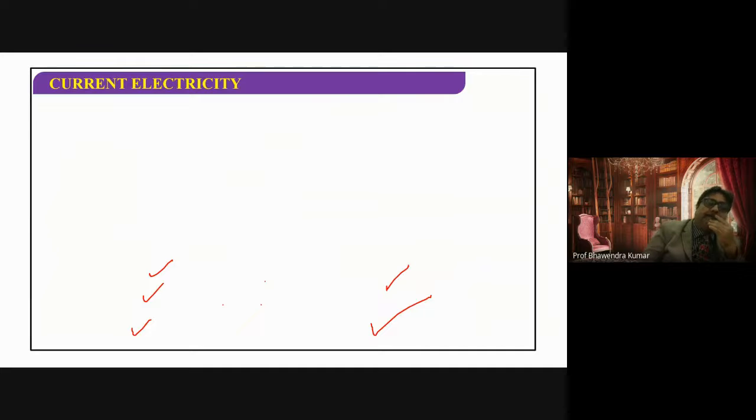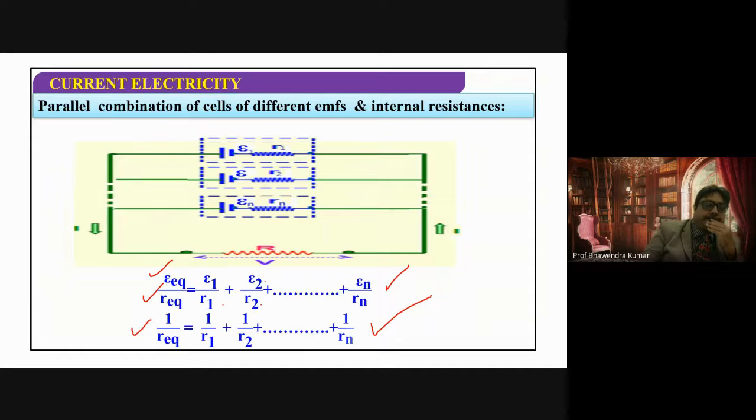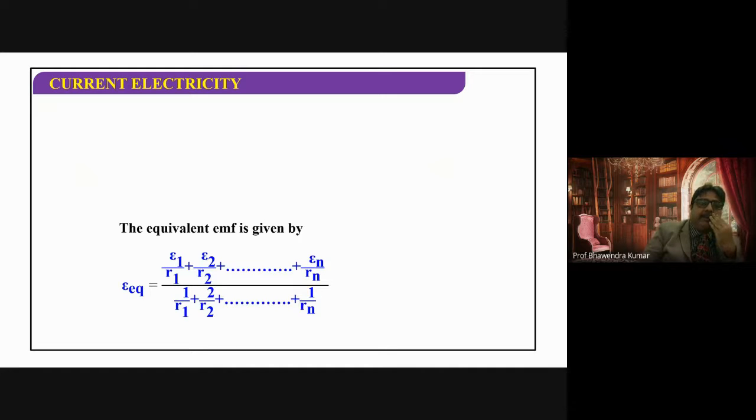Any problem? Have you written? And when we put the value, E equivalent will be E1 by R1 plus E2 by R2 divided by 1 by R1 plus 1 by R2.